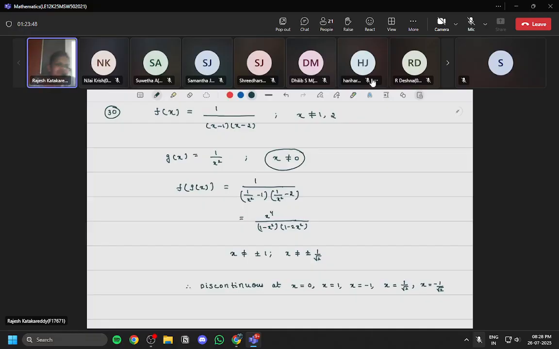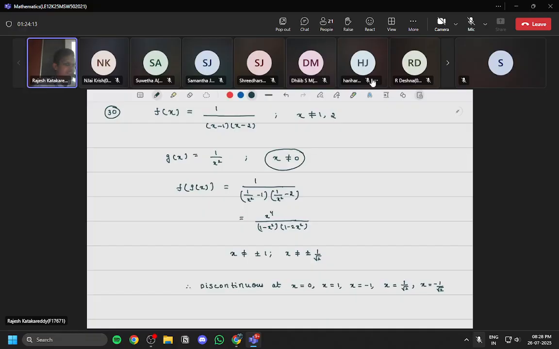Removable? Can you recall what is removable discontinuity? When we redefine, first the limit should exist, no? What do you think? Limit exists? Maybe at 0, limit might exist. At 0, it is 0.